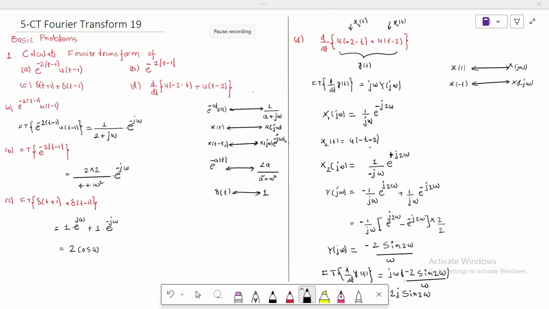You may get a doubt here: how will we get the Fourier transform for u of minus t minus 2? First of all, here I am writing the Fourier transform of u of minus t equals minus 1 by j omega. Now here I am writing u of minus of t plus 2.